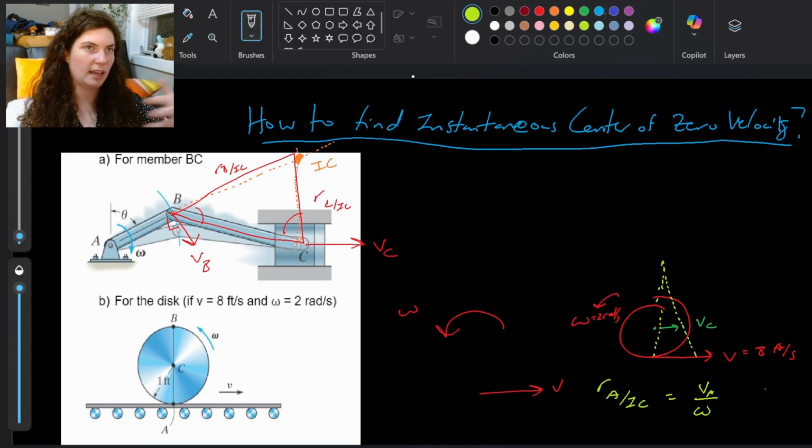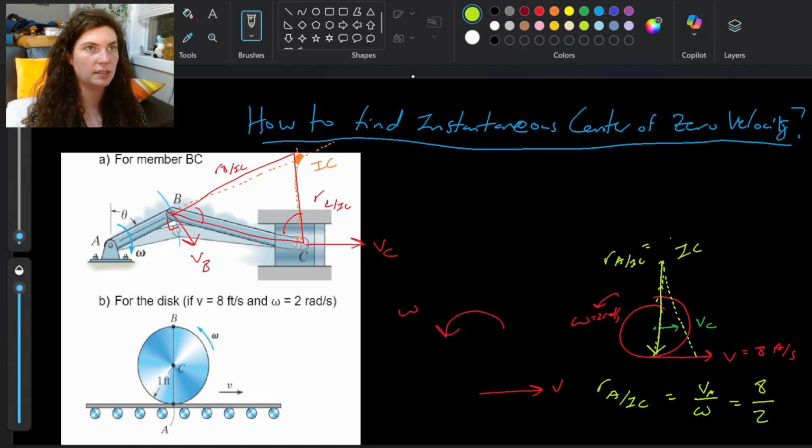So just doing that exercise in this little mini problem here, VA at point A at the bottom was 8, and then that omega is 2. So this distance here from IC to point A, so r of A with respect to IC, is going to be 4.